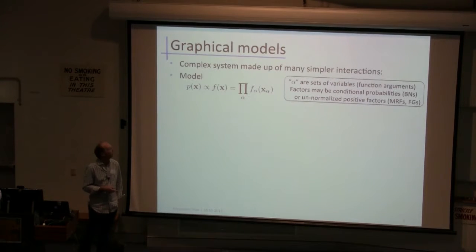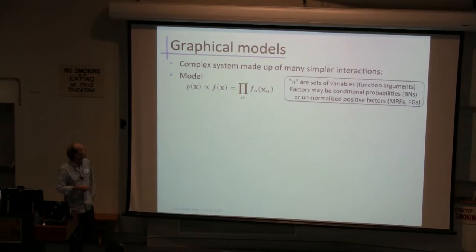The typical way that we'll describe this is using a product formulation. So you have some function f of x that's a product of non-negative factors, f alpha, where alpha is an index of a subset of the variables. So x alpha is some small set of variables, and f alpha describes the interaction between those variables.